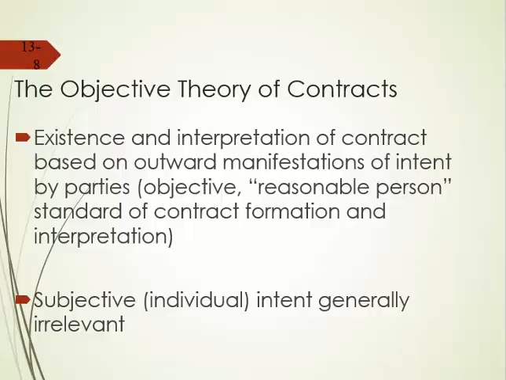We just say, well, how would a reasonable person have shown agreement? How would a reasonable person have expressed this offer? And we don't look at special circumstances. So objective theory of contracts is very important. It's how courts approach contract law, but it's also how the law approaches contracts.